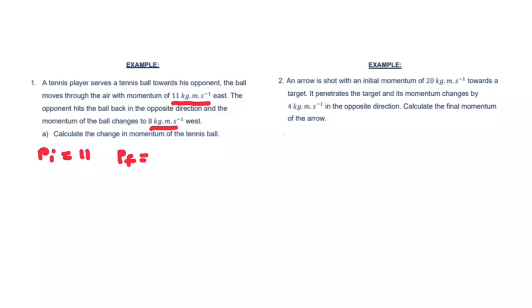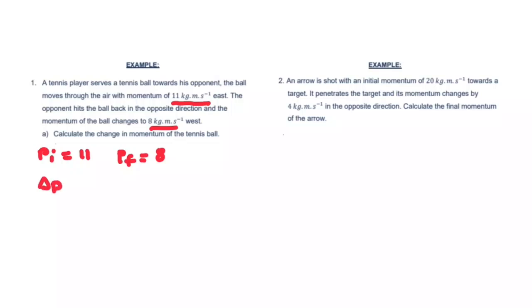So when we substitute that, we're supposed to put a minus sign because it is to the west and we're taking direction to the east as positive. So momentum final is 8 kg meters per second to the west. What are we interested in? We're interested in the change in momentum.